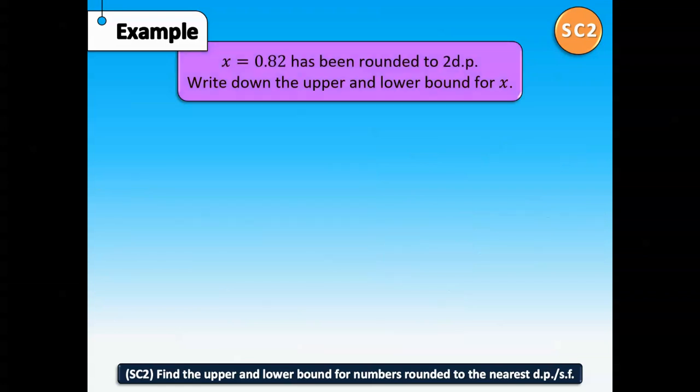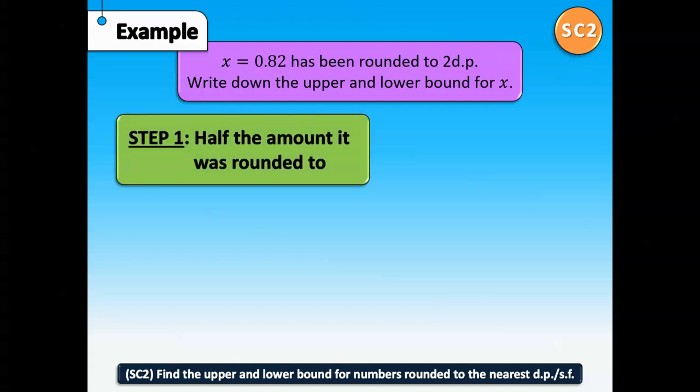Here's another example. X equals 0.82, and it's been rounded to 2 decimal places. Write down the upper and lower bound for x. So we want to half the amounts that it was rounded to. Well, the second decimal place is the hundredths.